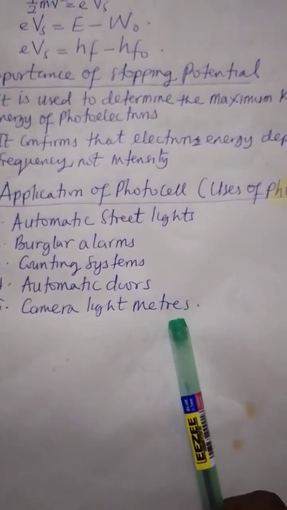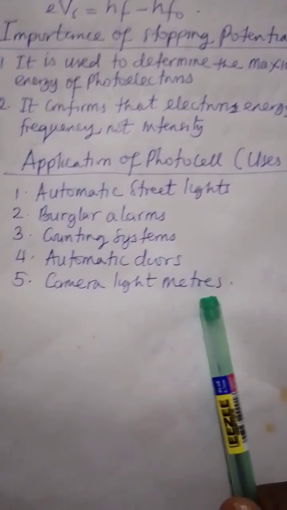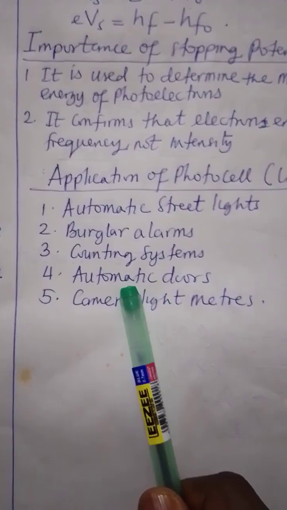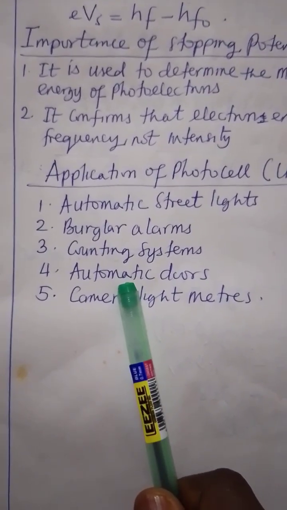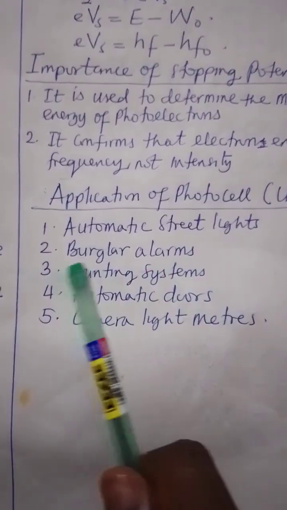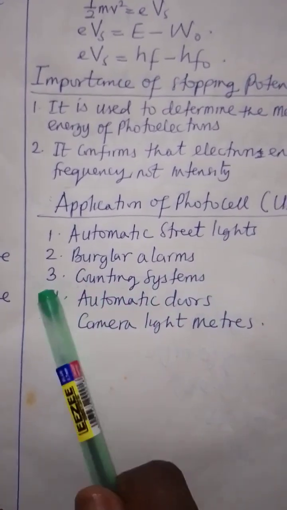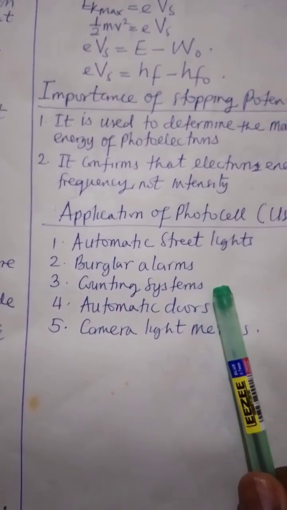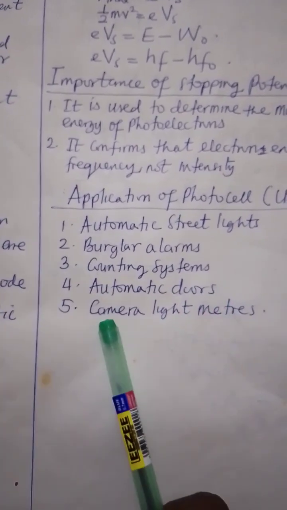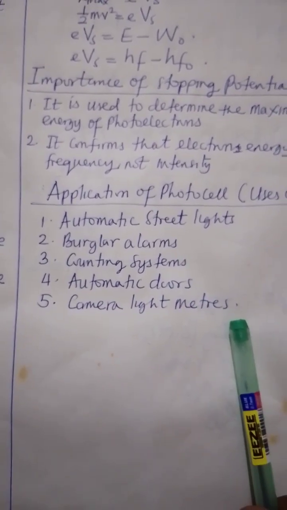That is, even in television cameras, it finds application there. So these are the applications of a photocell. Number 1, automatic street lights. Number 2, burglar alarms. Number 3, counting systems. Number 4, automatic doors. Number 5, camera light systems, and also in TV cameras.